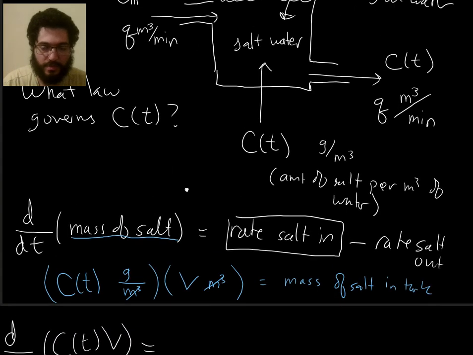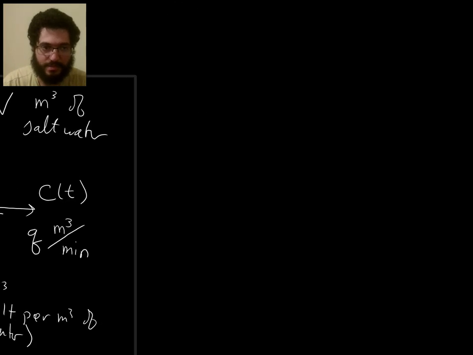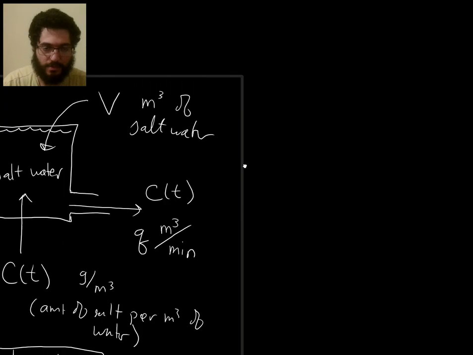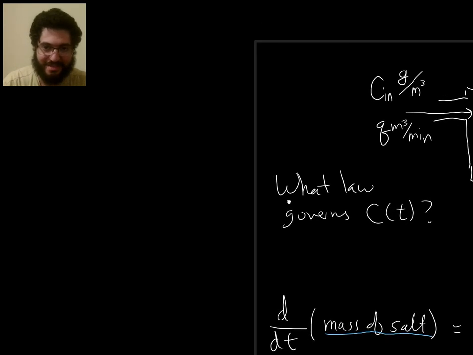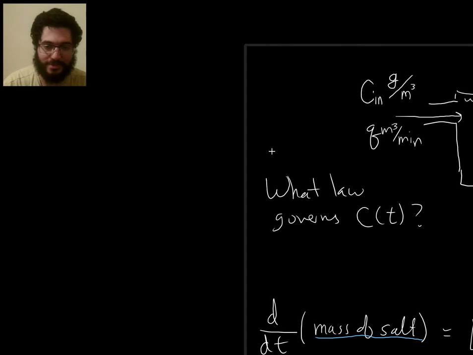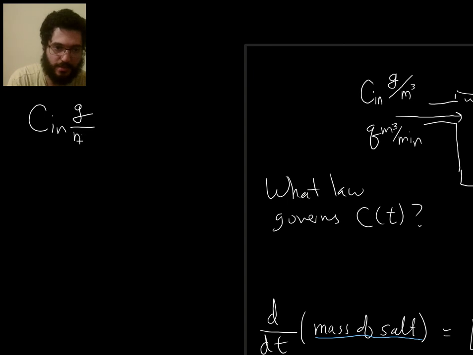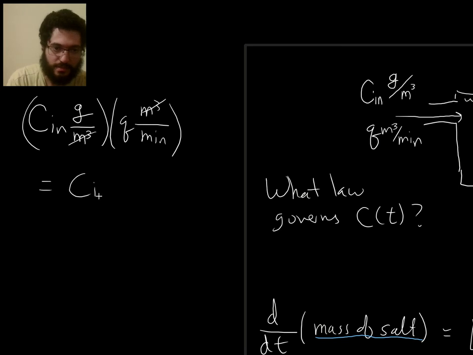So let me write that a little bit more carefully. Maybe I'll write it on the side here, so you can see the intake portion of the diagram. I have C in grams per cubic meter, and I'm multiplying that by Q cubic meters of liquid coming in per minute. And that tells me how many grams of salt are coming in per minute.